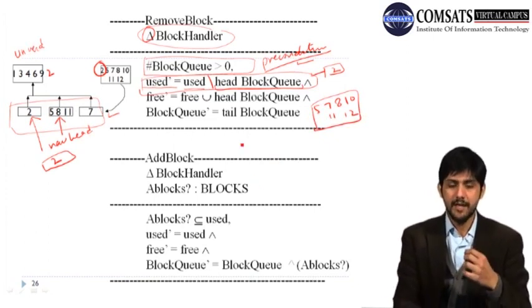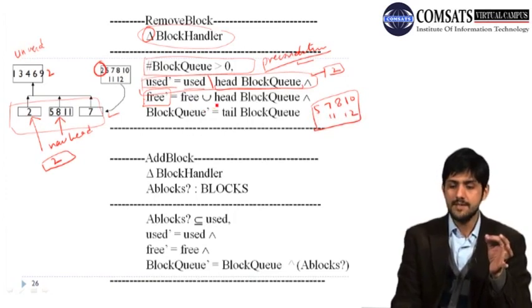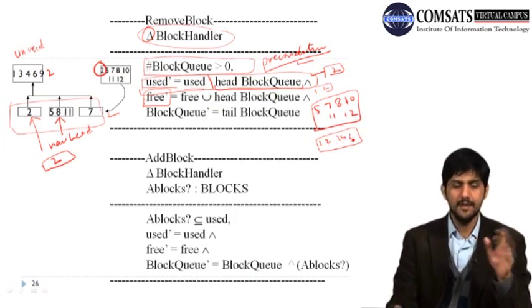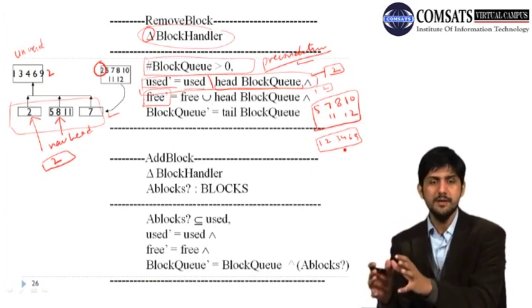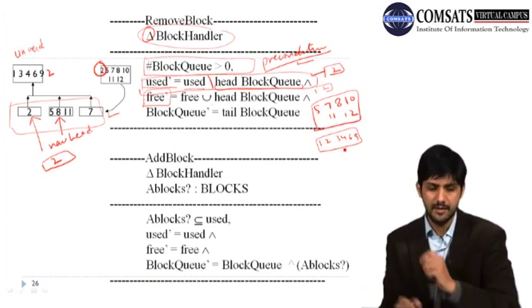But I am also changing my free set as well. So what I am saying here is that my free set would be a union of whatever is in the head. So my free set now would become 1, 2, 3, 4, 6 and 9, because my block 2 is removed from this used set of blocks.